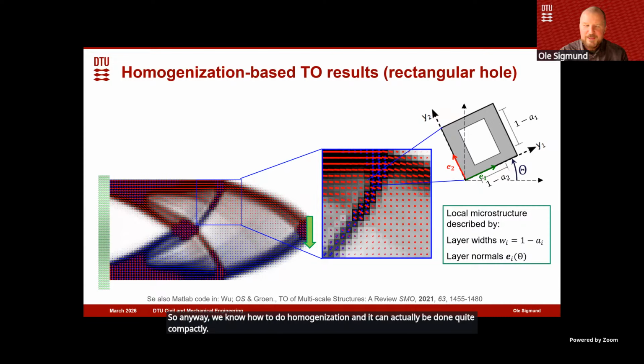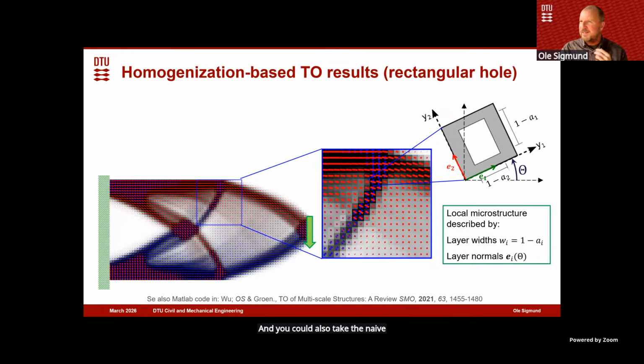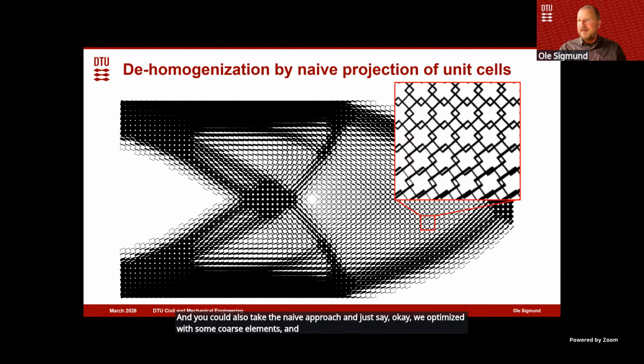The problem is still, how do we realize these structures once we know what the optimal hole distribution is? How do we actually physically realize these structures? And so that was the big headache. You could take the naive approach and just say, okay, we optimized with some coarse elements, and then in every element we just draw this rectangular microstructure and put it together, and then you would get a picture looking like this.